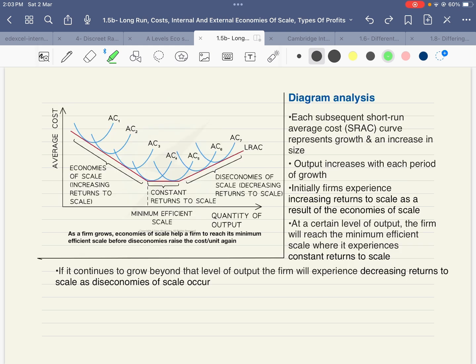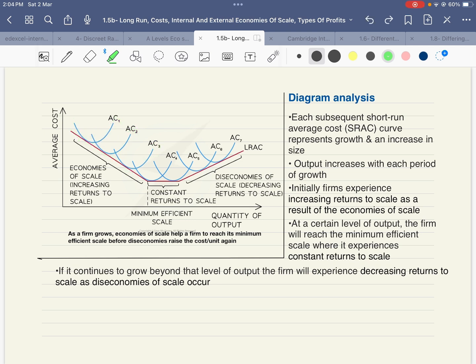Let's combine the minimum efficient scale and the LRAC curve. Minimum efficient scale can be observed on the LRAC curve where there are several SRACs tangent to the LRAC.